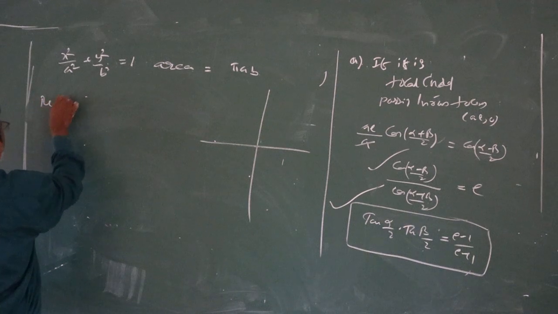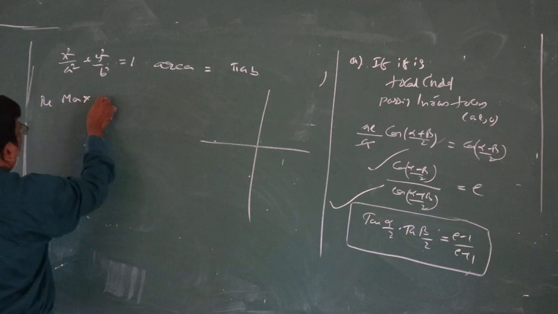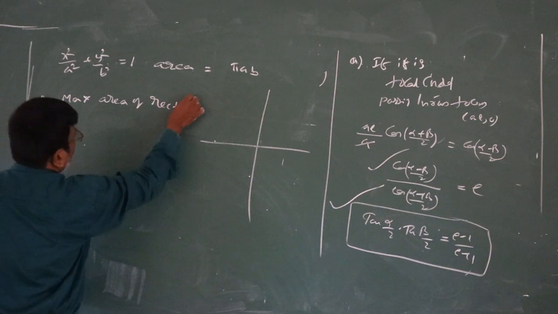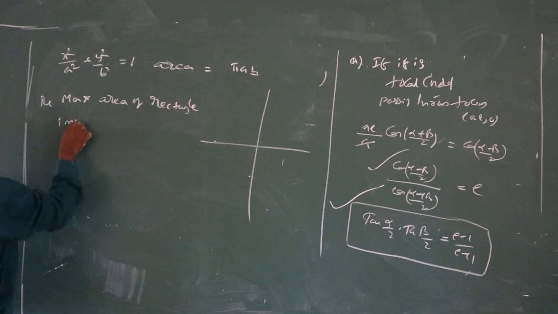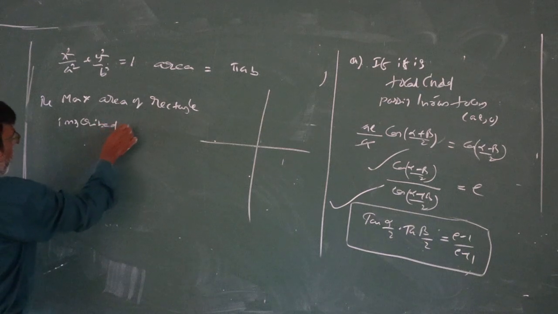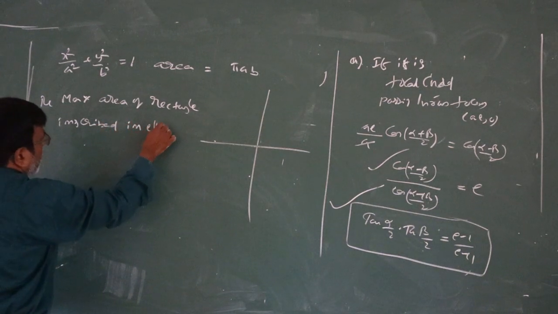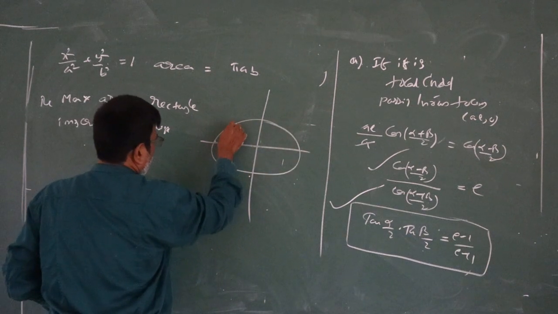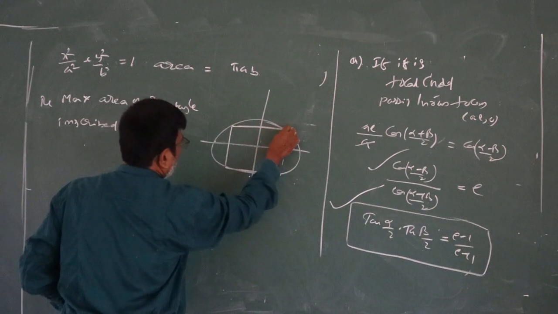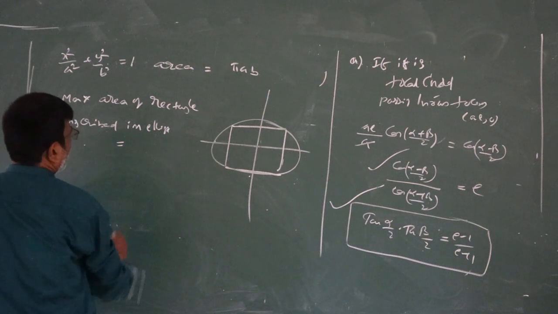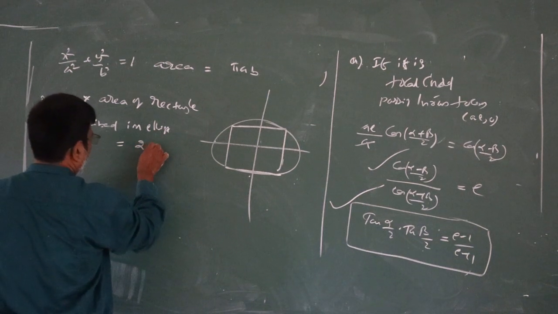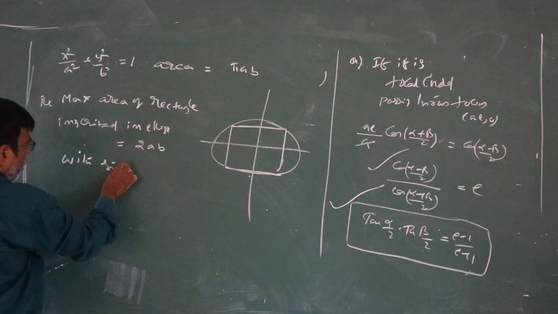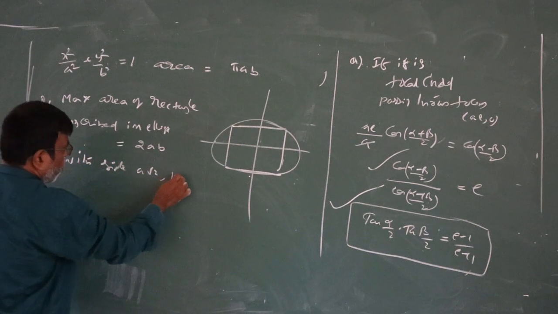The maximum area of a rectangle inscribed in the ellipse is very important: 2ab, with sides a root 2 comma b root 2.